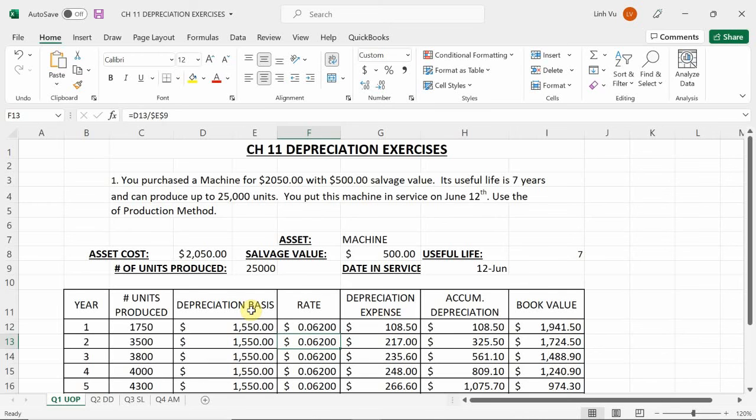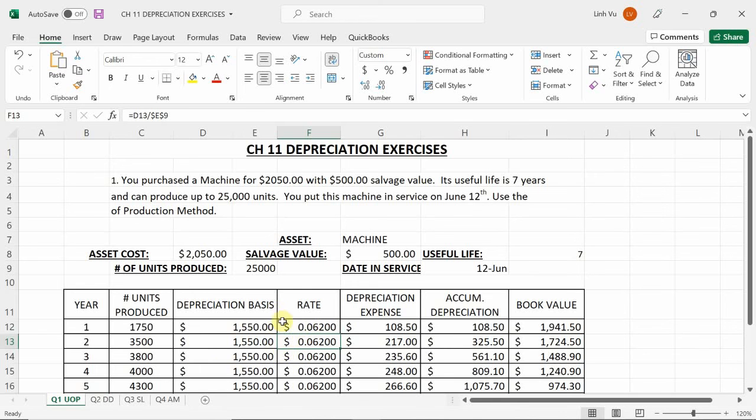Okay, let me try. 25,000, not 2,000. 1,550 divided by 25,000. Yes, because that's going to give you how much it's going to cost you for every unit that you produce. Thank you very much.